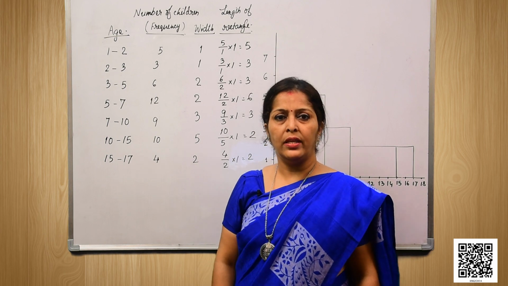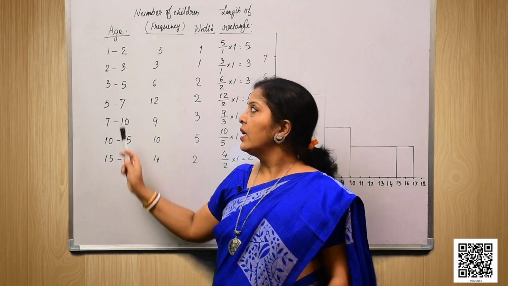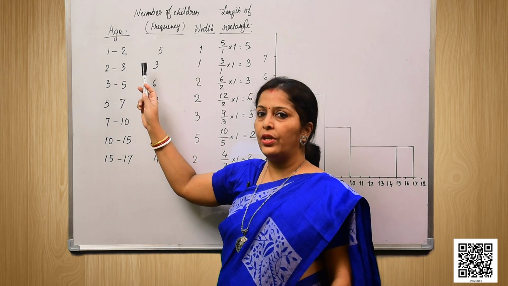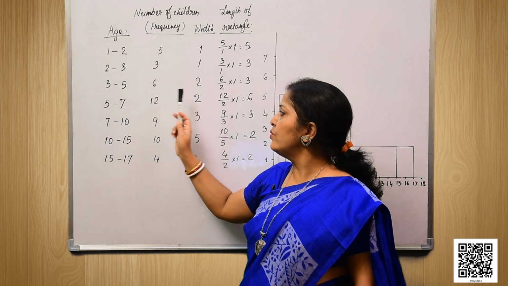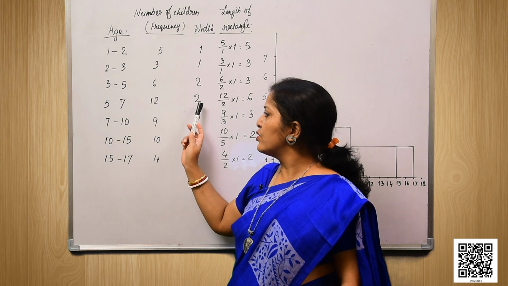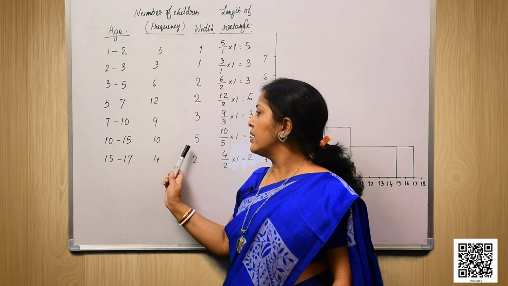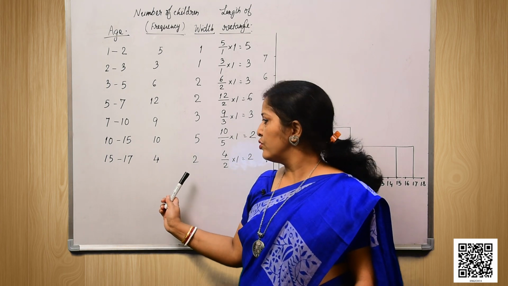But notice one thing, the widths of the class intervals are not the same. Here it is 1 to 2, so the width is 1, 2 to 3 is again 1, then we have 3 to 5, so width is 2, 5 to 7, width is 2, 7 to 10, it is 3, 10 to 15, it is 5, and again in 15 to 17, we have 2.